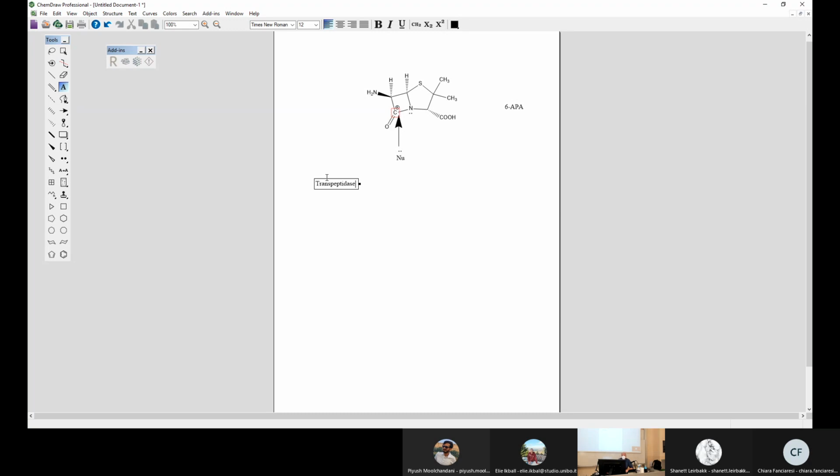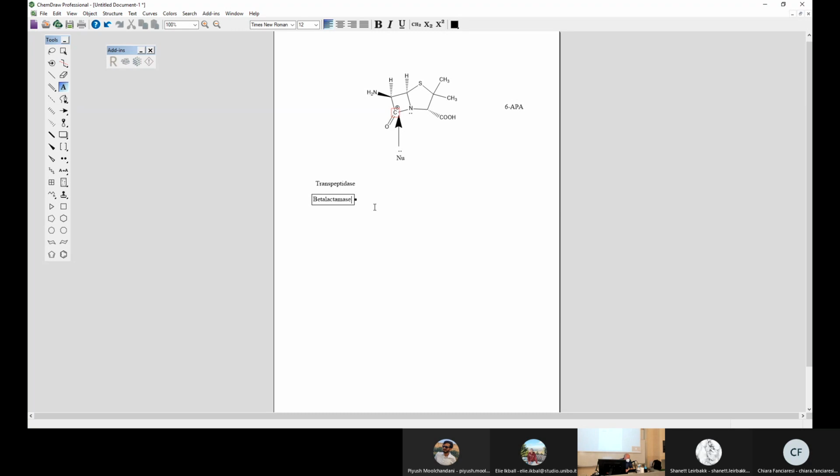But there is also another class of enzymes called beta-lactamase. This class of enzymes has basic lone pairs.